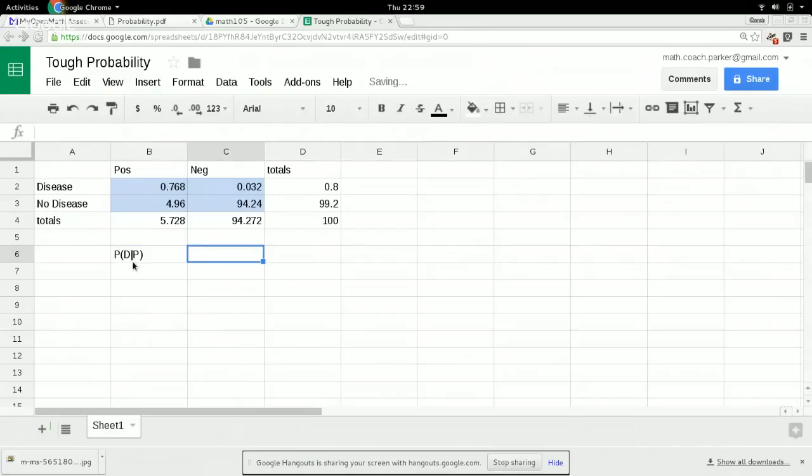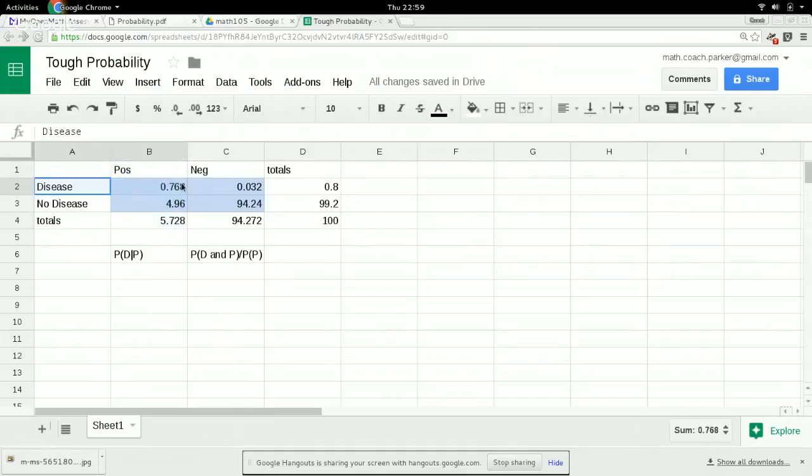And the formula for that conditional probability is the probability that they have the disease and they test positive divided by the probability that they test positive. So the probability that they have the disease and test positive, that is the intersection of the positive column and the disease row.